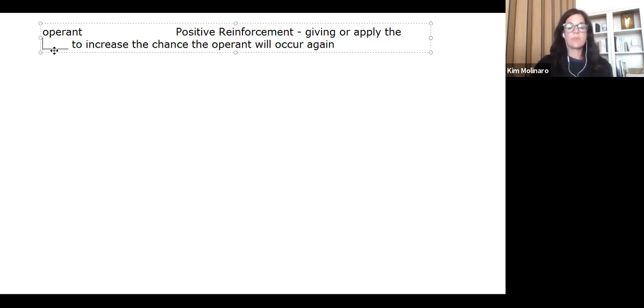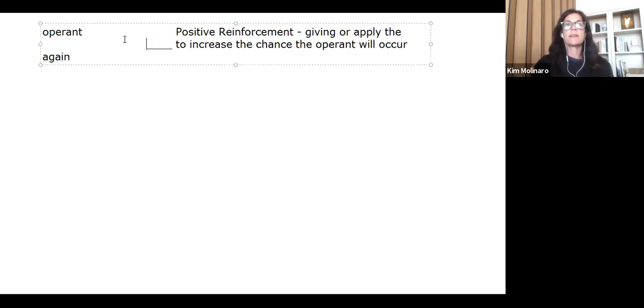So positive reinforcement gives or applies, and if you think about it, the desired. What is desired? What is wanted? So that the operant will occur again.